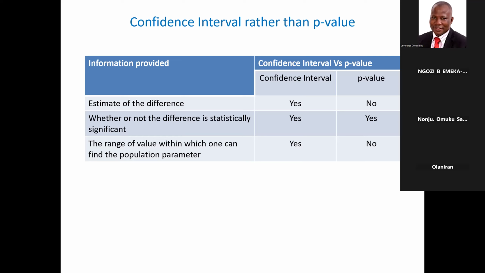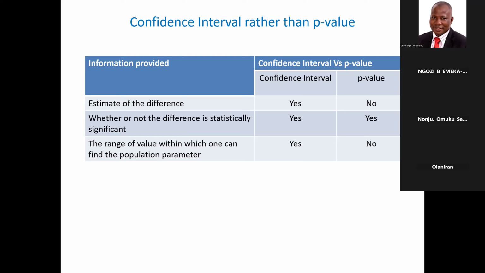You quantify the association. Unlike people that just say there's a significant association, that's all. With a significant association, you cannot quantify how big it is, you don't know. People cannot tell you. But the confidence interval will tell you. Like all those odds ratios, relative risk, the differences, they are quantifications.